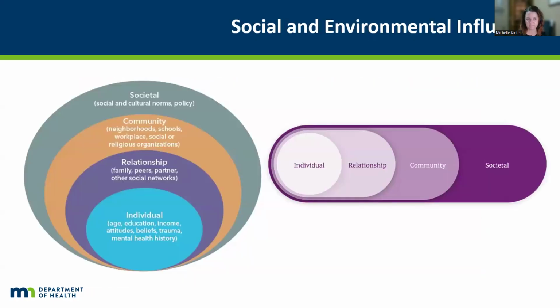The individual is influenced by other factors, and that is from the relationships they have with close people, their family, their peers, and goes even further out into the community, their neighbors, their workplace, and then even further out from that is society and cultural norms. All of those influence each individual and how they are doing in their own mental health.